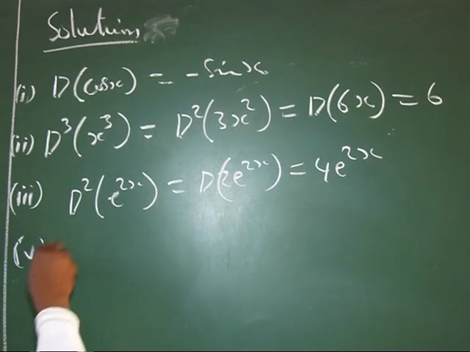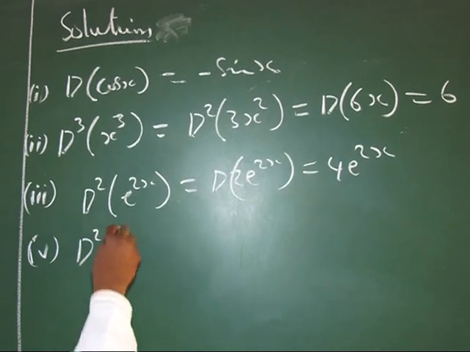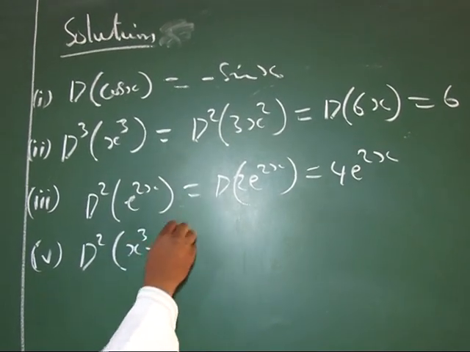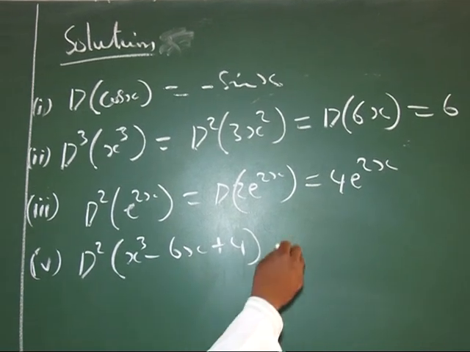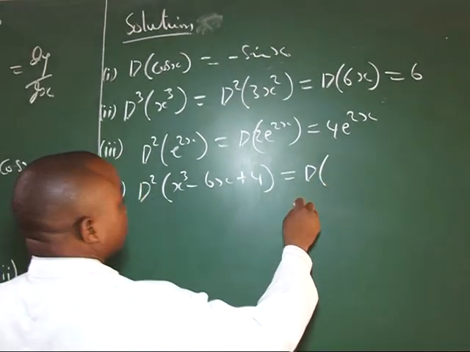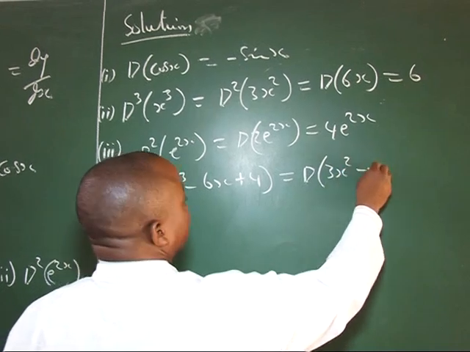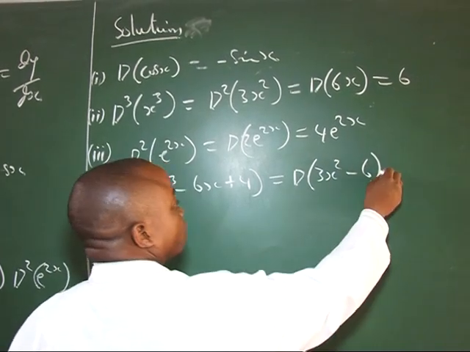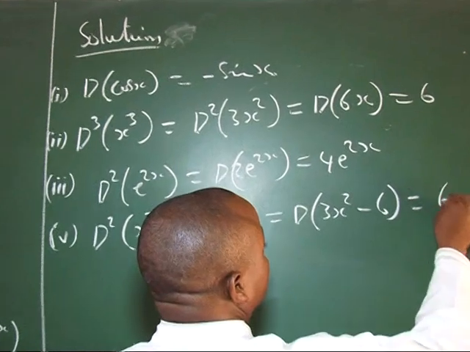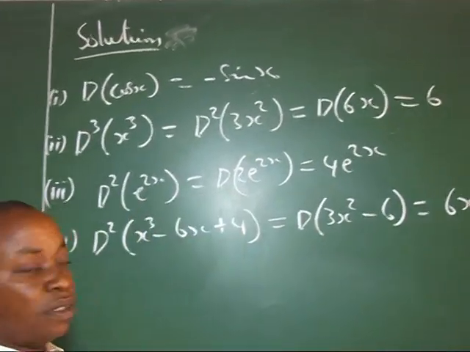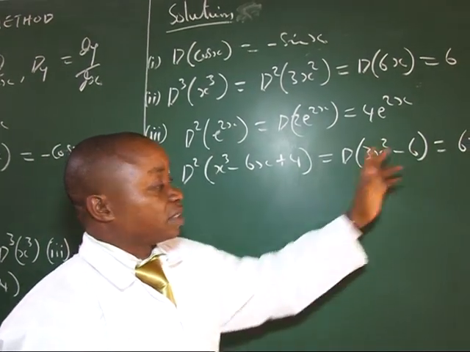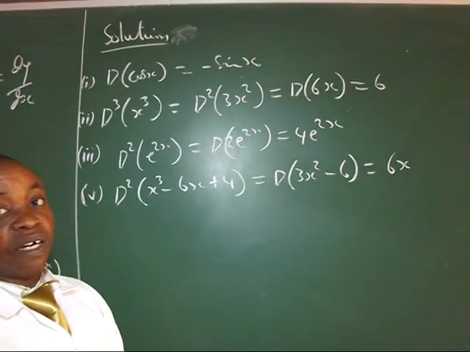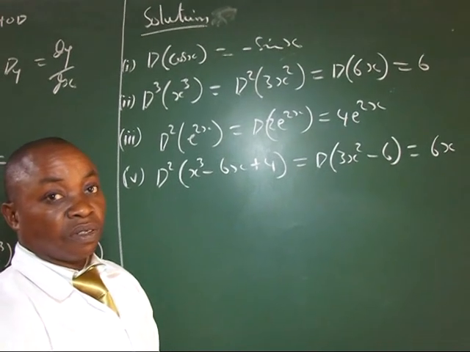Okay, D square of x cubed minus 6x plus 4 will be equal to D of 3x squared minus 6, which is equal to 6x. If I differentiate here, I will have 6x. So that is how the operator works.